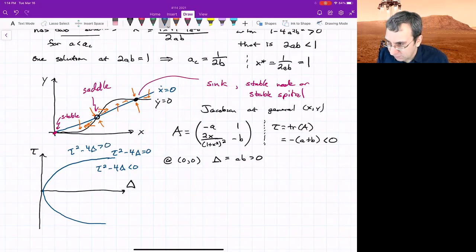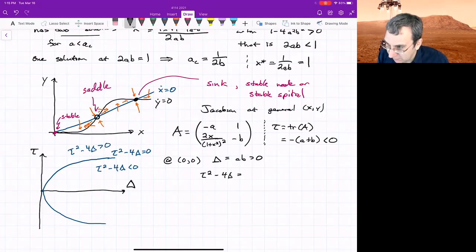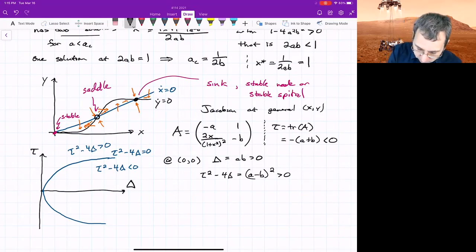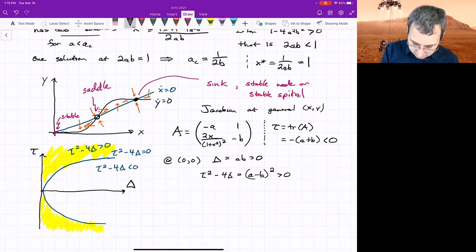So if we've got that going on, we can find out that tau squared minus 4 delta, if you work that out, is (a minus b) squared. So that's going to be, in general, greater than 0. So that means we're over in this yellow region, where tau squared minus 4 delta is greater than 0, and those are the nodes. So if we're negative tau and we're in the node region, we're somewhere over here.